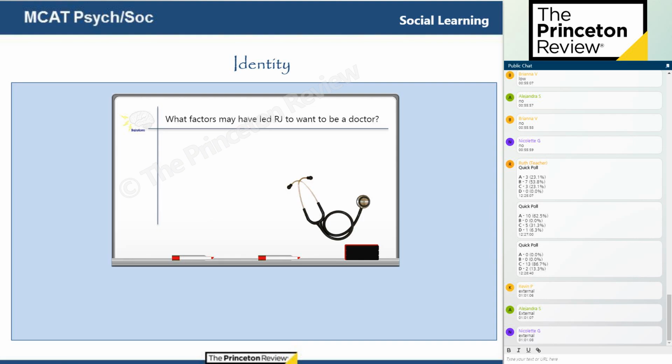Okay, so let's take a look at a few things. This question is going to get us into some other areas and aspects of identity. What do you suppose some factors may have been that led old RJ to want to be a doctor?